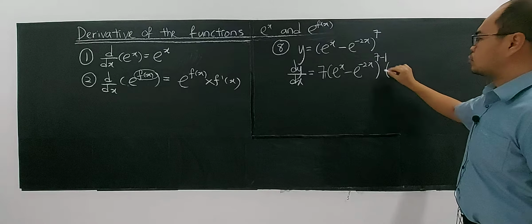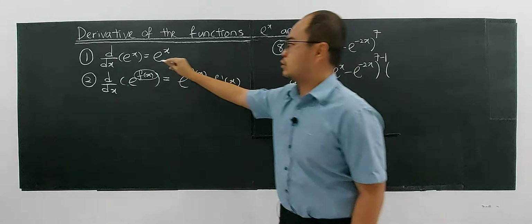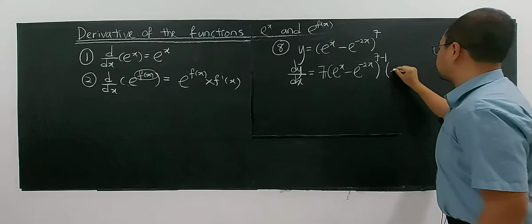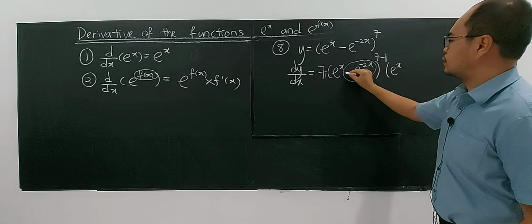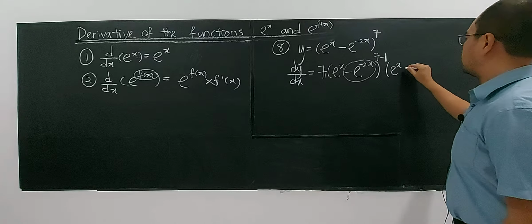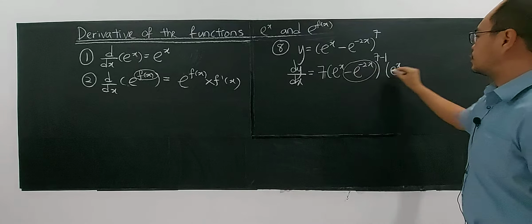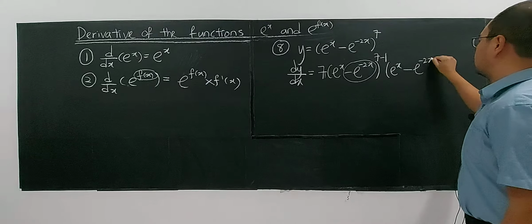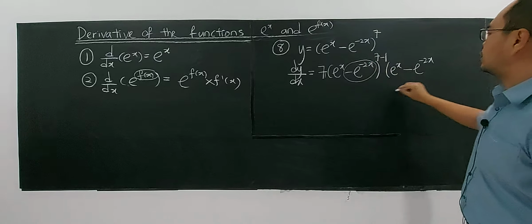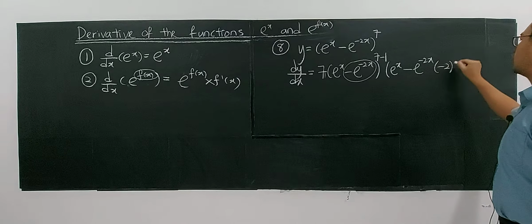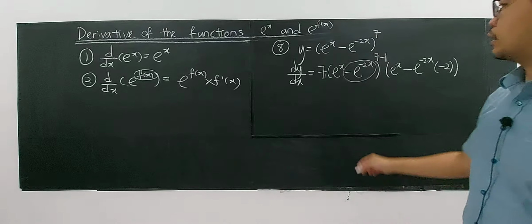Differentiate e^x, you get back e^x. Differentiate this one, include the negative, so I write back the negative, copy everything, and you differentiate the power. Differentiate the power, you have negative 2. That's all.